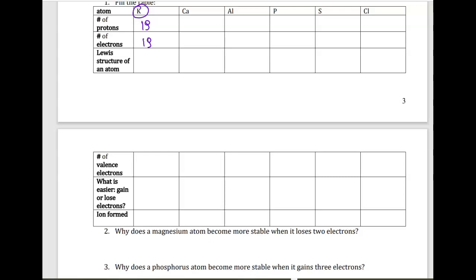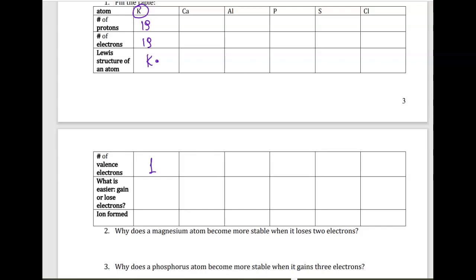Lewis structure. To draw the Lewis structure, I need to remember the number of valence electrons. It's group 1A, which means it has only one valence electron. So the Lewis structure will be like this. Number of valence electrons: 1, because of group 1A. What is easier, gain or lose electrons?